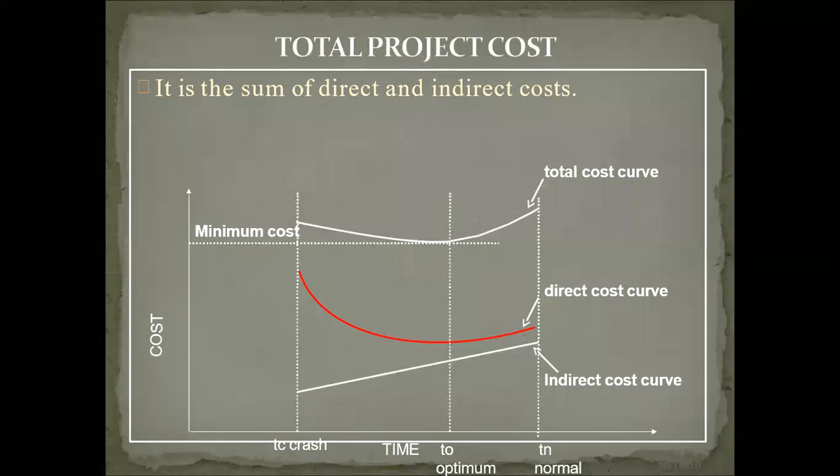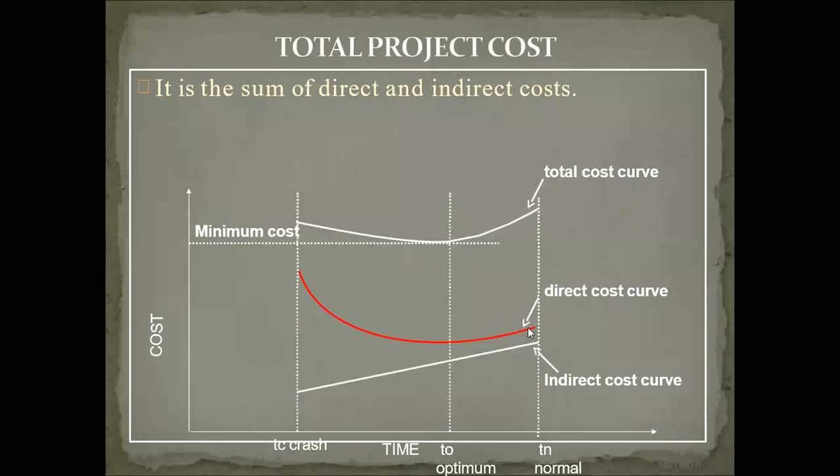Then the indirect cost is increasing: as duration increases, indirect cost goes on increasing. The direct cost is high initially, but as the project goes on, direct cost reduces.